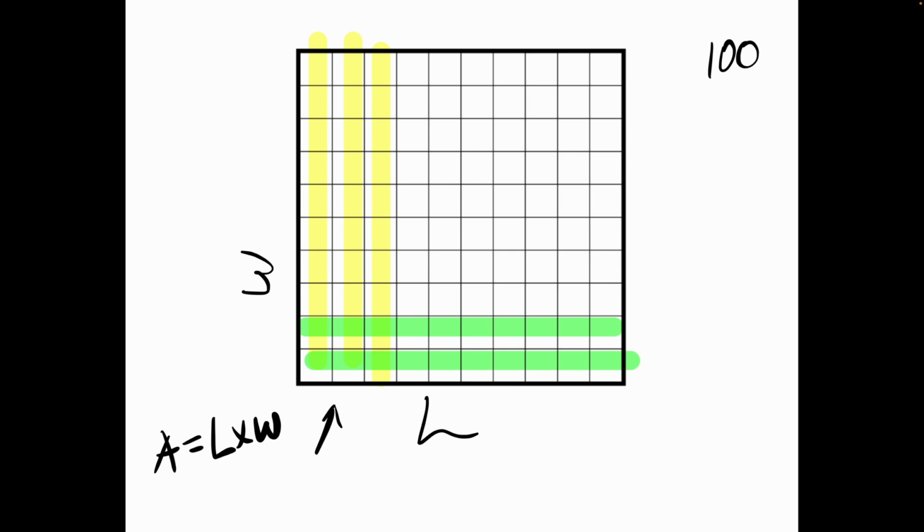Don't forget, each one of these is worth 1/10. Let's figure out how many we have. We have 1/10, 2/10, 3/10. So we have our first decimal in our expression, 0 and 3/10.